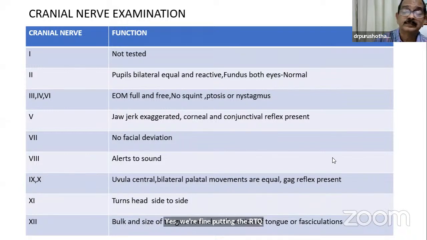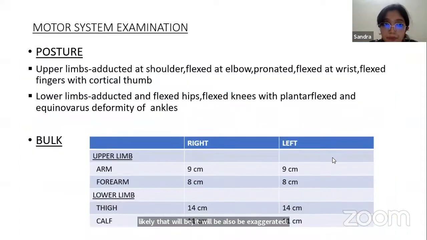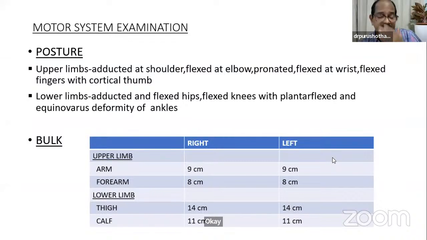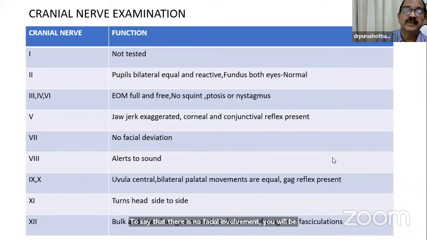Okay. Cranial nerve 12, bulk and size of tongue normal, no deviation of tongue or fasciculations. Do we expect a deviation of the tongue or face in a case like this? So naturally when your PGs present, they will say there is no facial involvement, telling no deviation of the face.